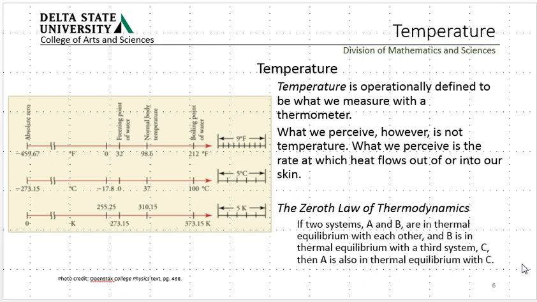And what that really means is here in the zeroth law of thermodynamics, to take your temperature with a thermometer, it has to come into equilibrium with your mouth. So you stick a thermometer in, it has to heat up or cool down, depending, but usually heat up. It has to heat up to the temperature of your mouth, reach thermal equilibrium with your mouth in order to give you an accurate reading of your temperature.